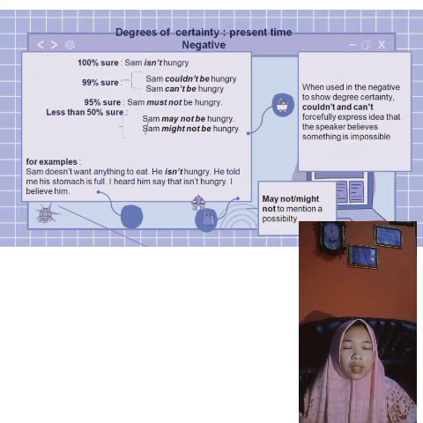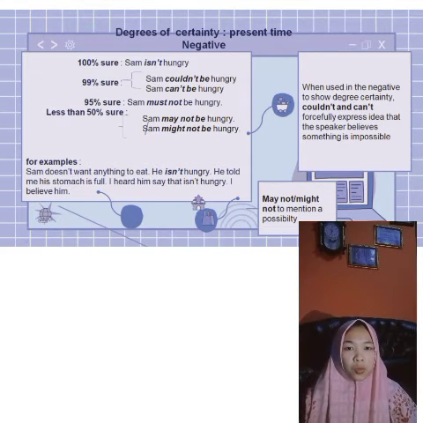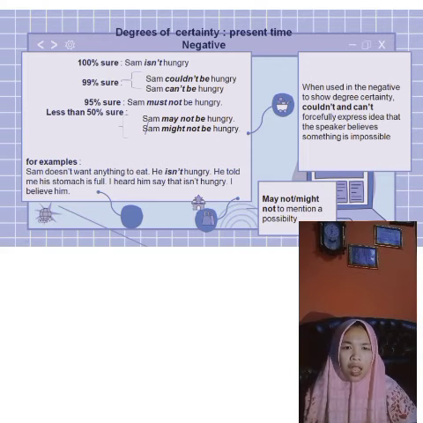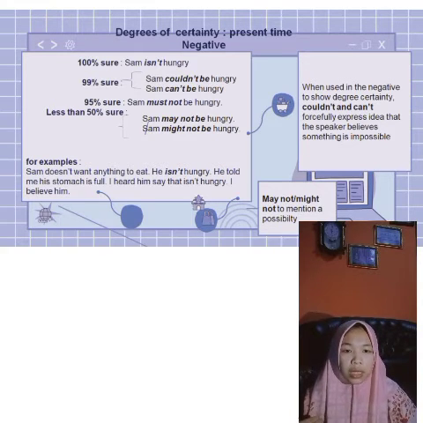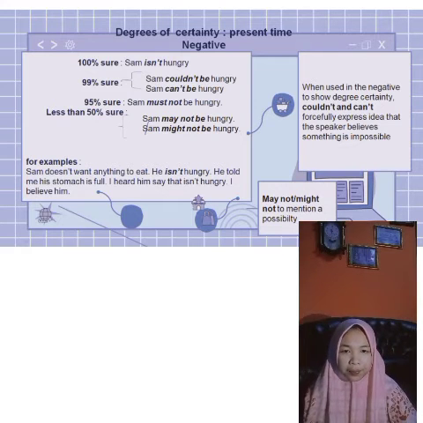At a 100% certainty level in negative form, we can use a negative form like isn't, aren't, to show that we believe a thing is not true or not happening.